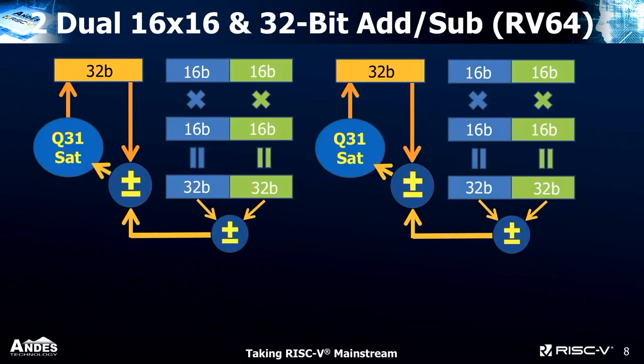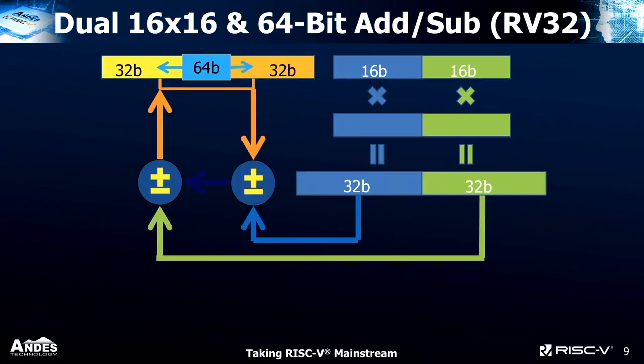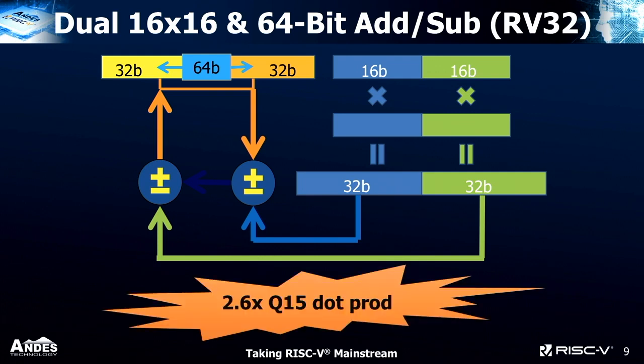For RV64, we duplicate that to make it 2 similar operations, and it covers 12 times the baseline operations. It also includes 2 16-bit operations accumulated to a 64-bit result. In RV32, it has 2.6 times the performance of baseline instructions in Q15 dot product functions.